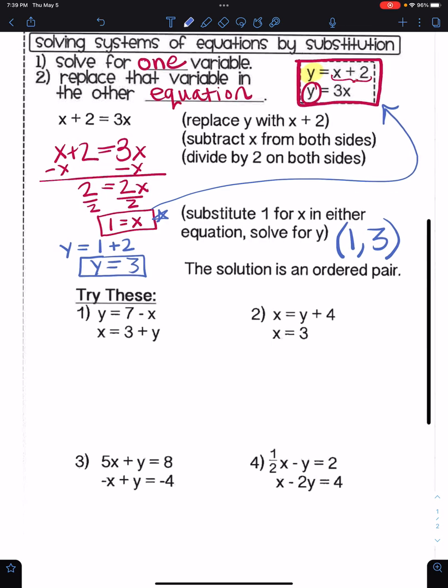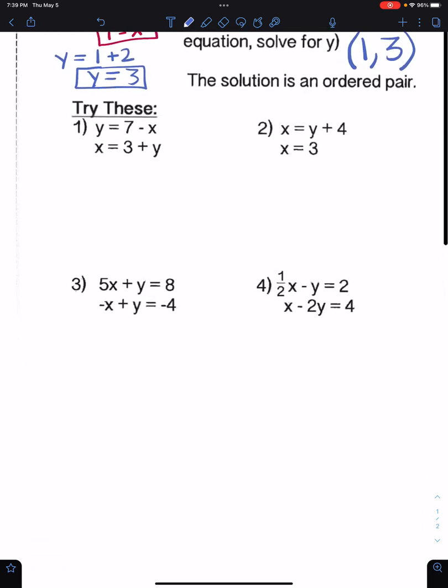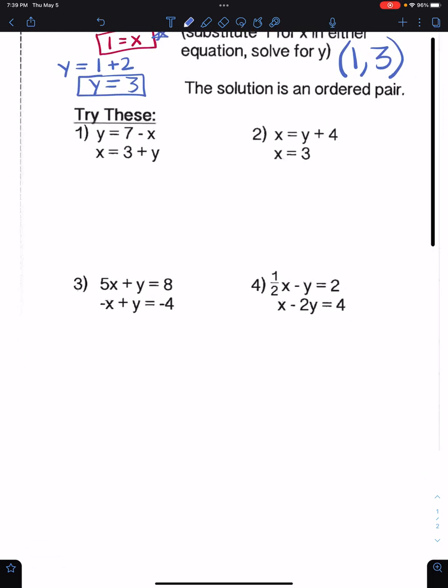All right, let's try some other ones. So for number 1, both of these have a variable that is isolated. So I think I'm going to take my y right here, which is 7 minus x, and I'm going to replace the y in the second equation with that 7 minus x.